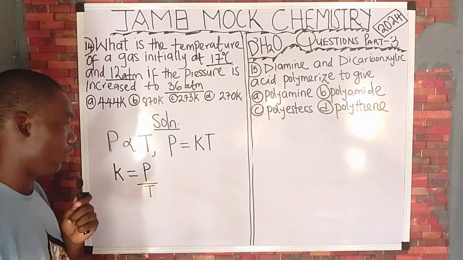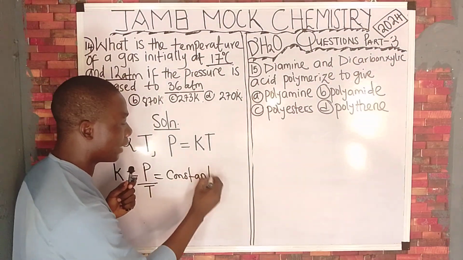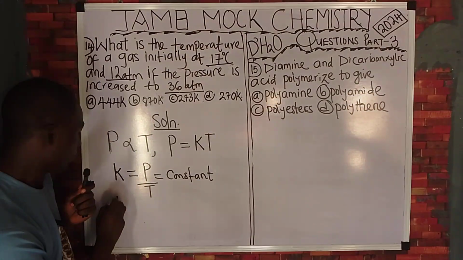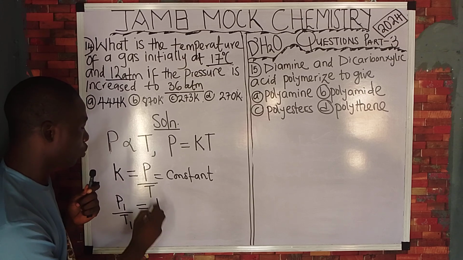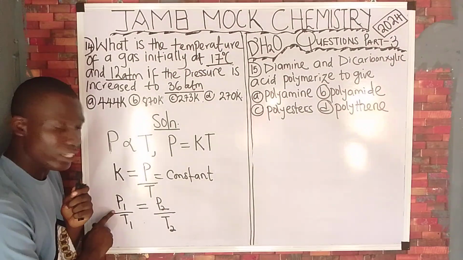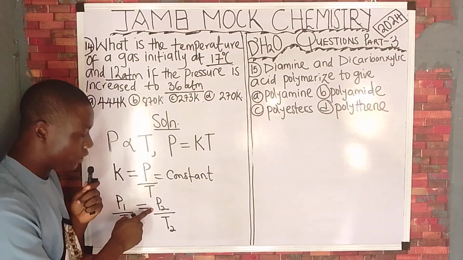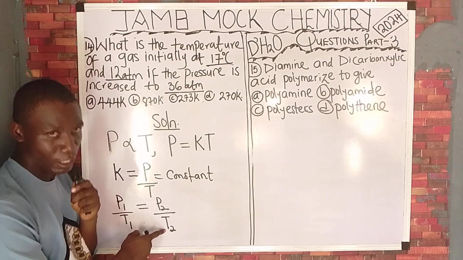This is your pressure law, where K is known as the what? The constant. So what we have here is P1 over T1 equals P2 over T2. This is your initial pressure, this is your initial temperature, this is your final pressure, and this is your final temperature.